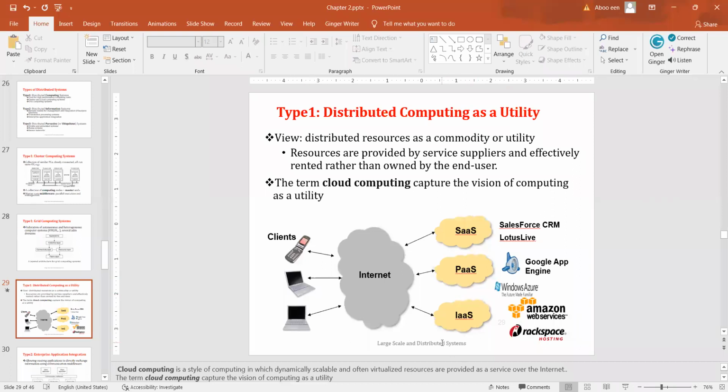So instead of investing a huge amount of money in software, platforms, and IT infrastructure, the business organization can easily get this service from the service providers by paying the subscription fee or service charge. They can easily hire these services from these organizations.